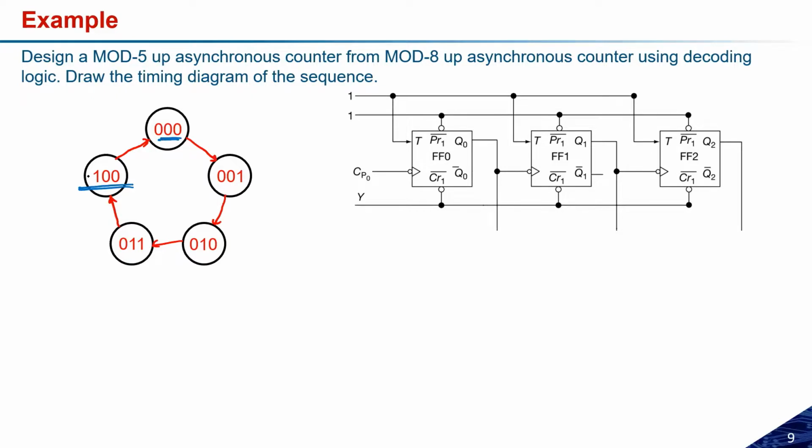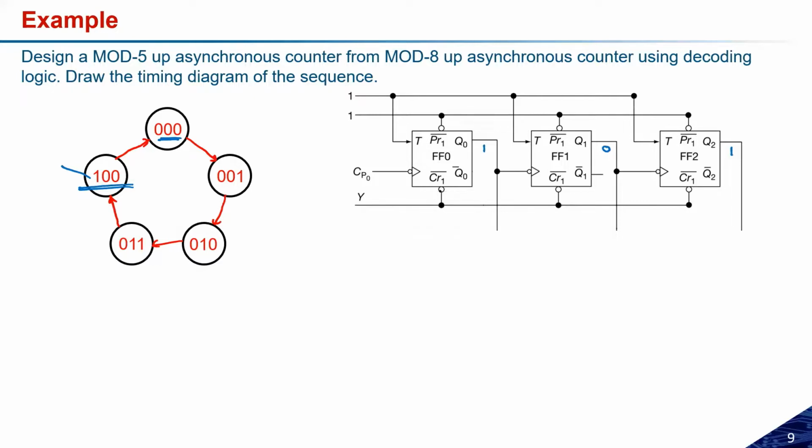So when the next state 101 comes, the clear pulse must be activated. What it means is, if Q0 is 1, Q1 is 0, and Q2 is 1, in this case the clear pulse must be activated.